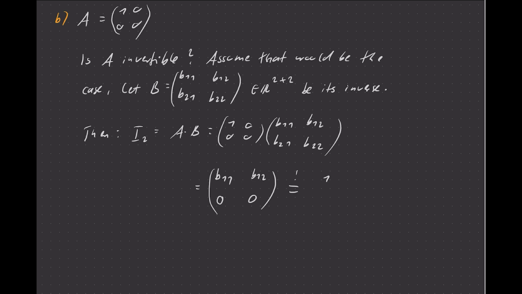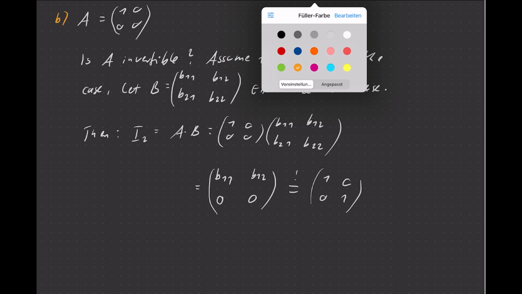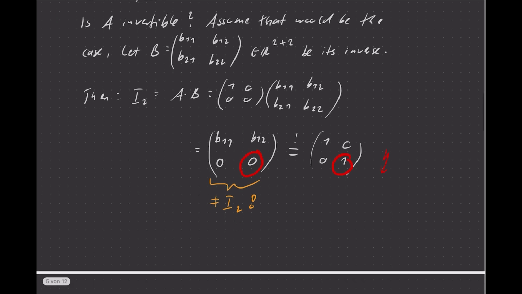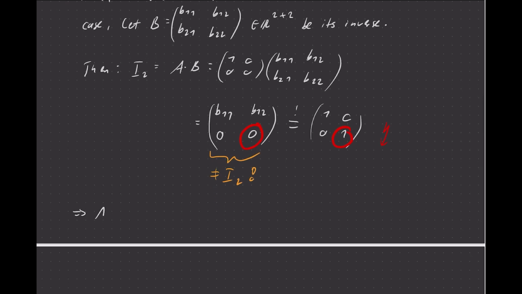And if that is to be the identity matrix, then surely you'll be able to see there's a 0 here and a 1 here. So there's absolutely no way this could ever happen. Here's a contradiction. This matrix here, what we got from the matrix multiplication, can never be equal to I2. And that means A cannot be inverted. So A is non-invertible.